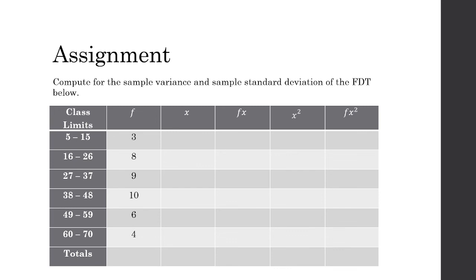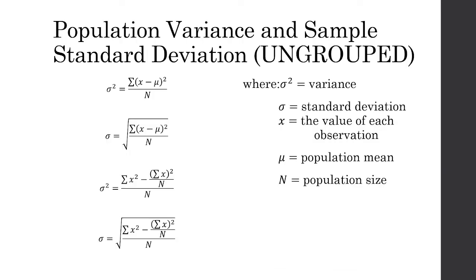And just to finish this off, gusto ko na lang din ipakita yung kung paano pag-population na. Kasi paulit-ulit tayo kanina na puro sample, sample, sample. So the only difference between sample variance and population variance and sample standard deviation and population standard deviation will be this formula. So kung papansinin nyo, ang population variance ay gumagamit na ng ibang notation.